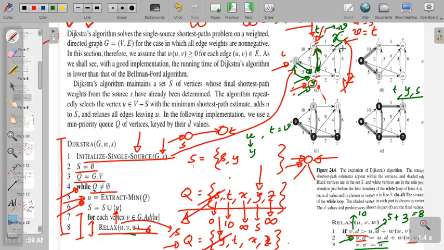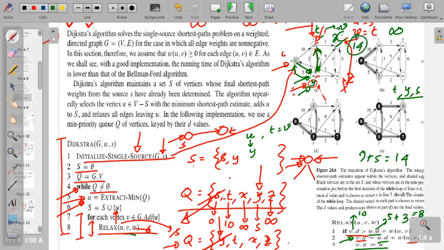Infinity, a large cost. Now what is u.d? 5, and this is 9. So 9 plus 5, 14. So in this case, this X will have weight 14.